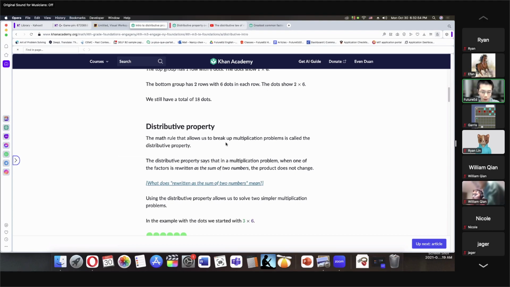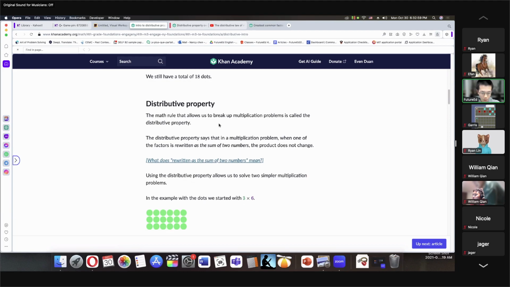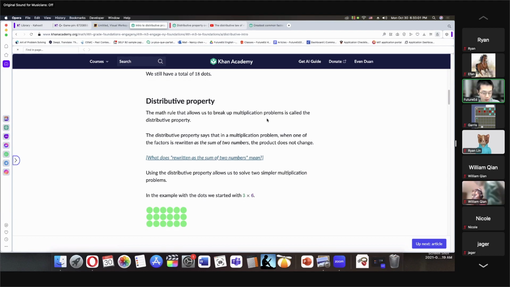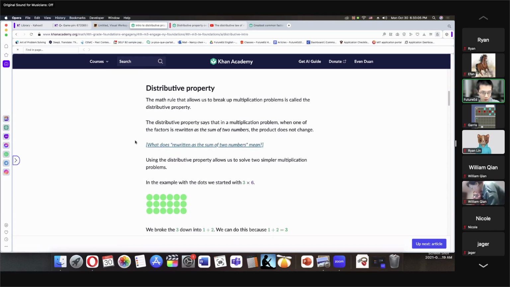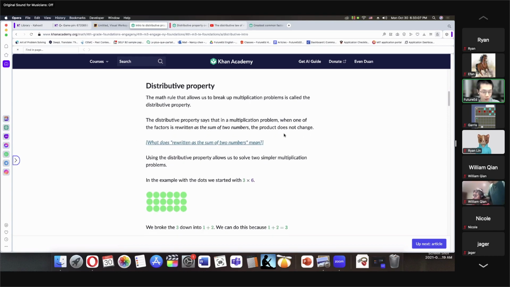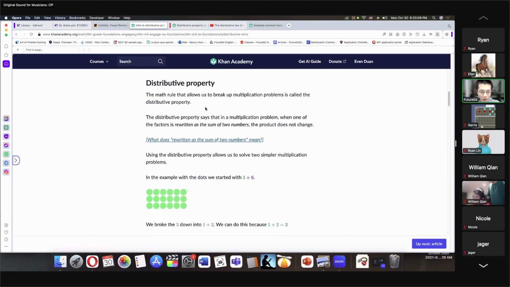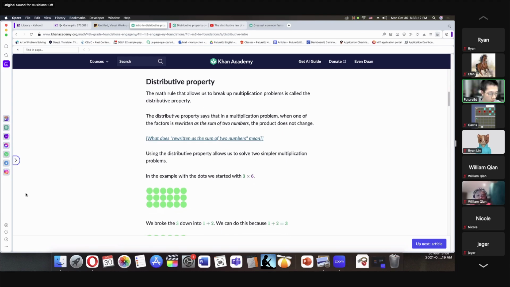When I learned it, I thought, holy cow, this is the most useless thing ever. But you'll find that it actually is very useful when you need to manipulate variables. In future math courses, it'll save your life basically. So another volunteer, Nicole, would you like to read this part, starting with the distributive property?